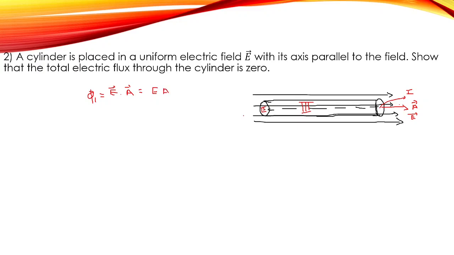Now let's consider the second surface. The electric field is in this direction. The area vector should be outward and perpendicular to the surface, so this is our area vector.